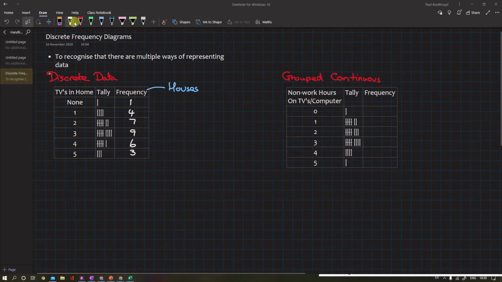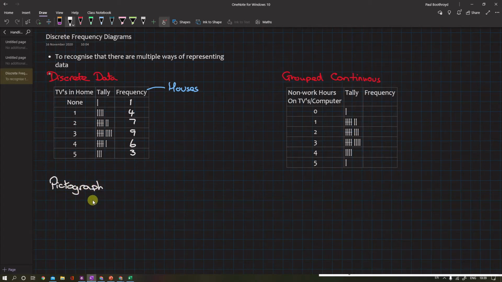So our first graph is going to be a pictograph. Now a pictograph, or pictogram, is a simple representation that says for each number of TVs, we draw a picture next to it representing how many houses there were.